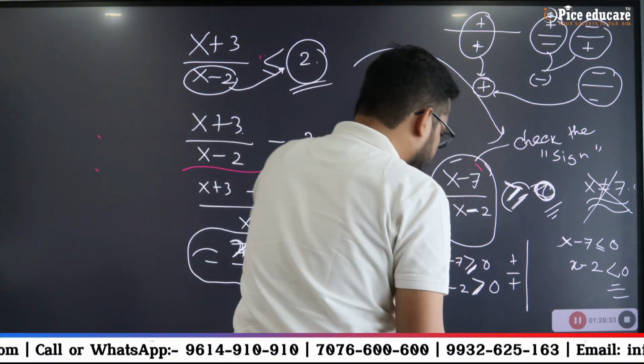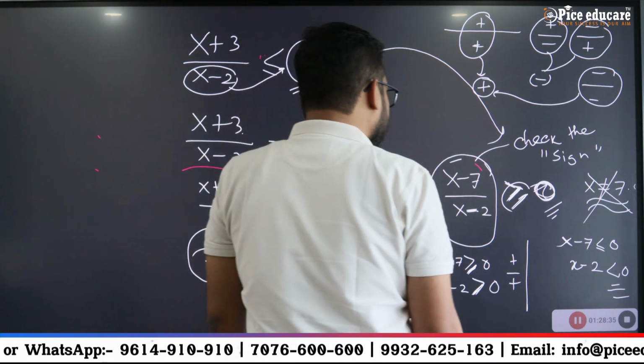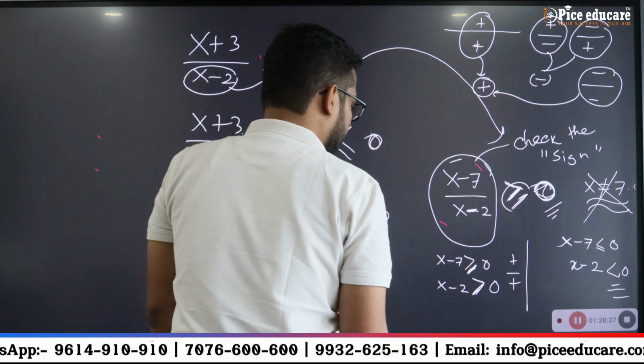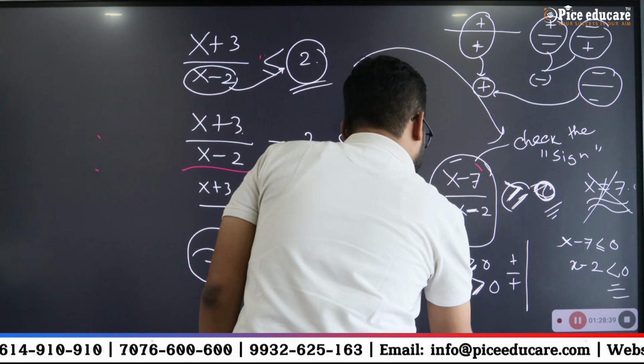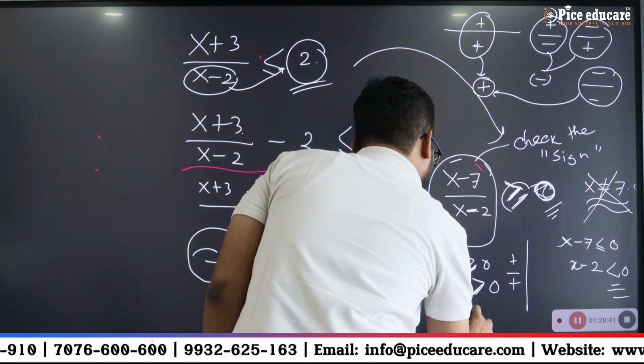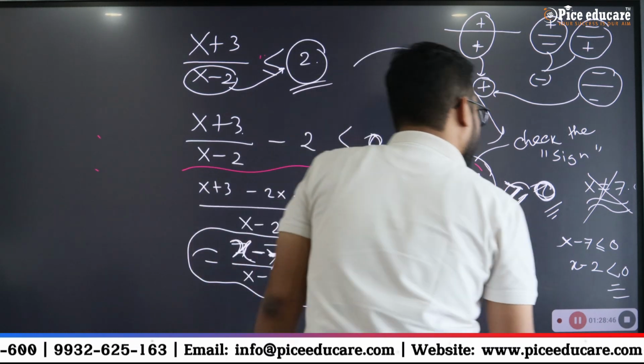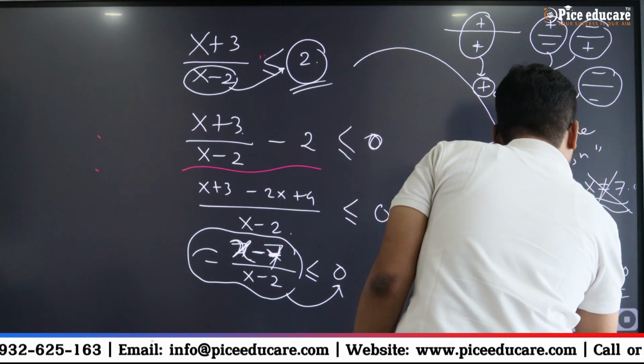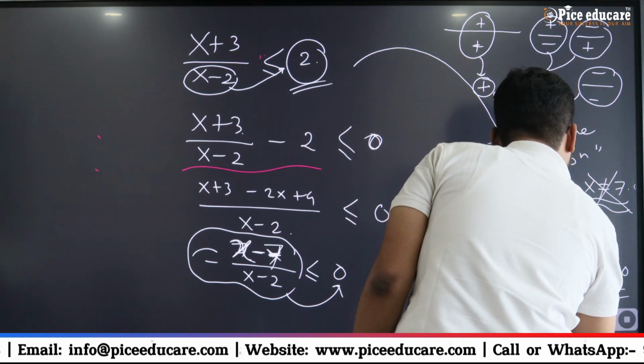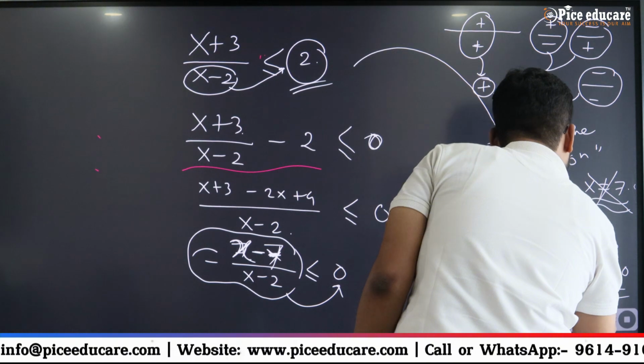If you look at this, now you will get the same thing: x bigger than equal to 7, here I have x bigger than 2, here I have x less than equal to 7, and I have x strictly less than 2.